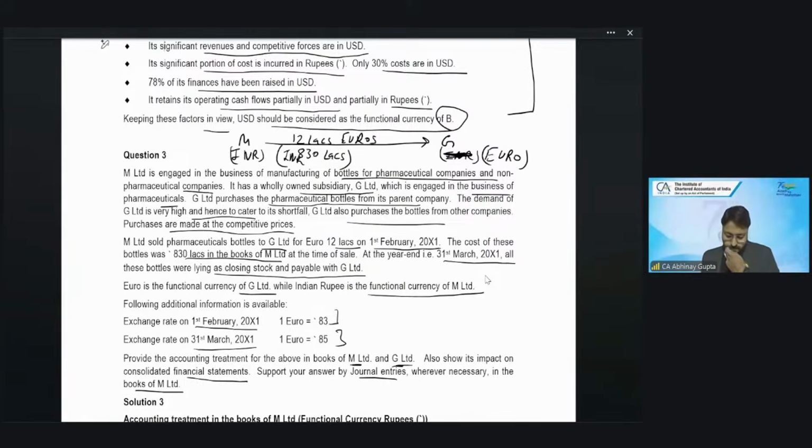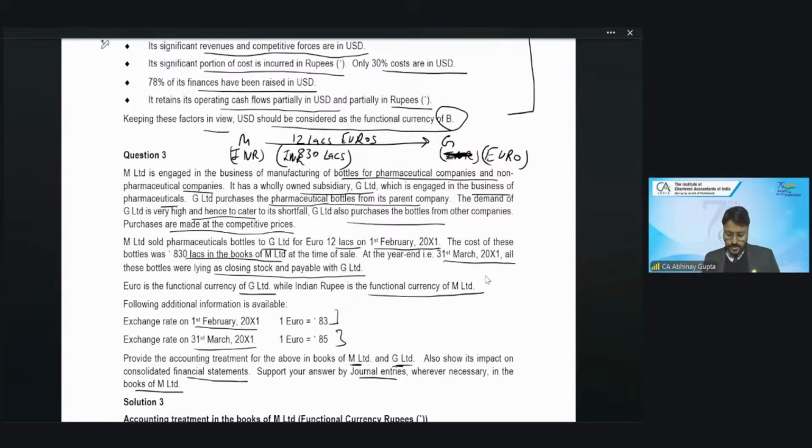So it comes to 12 lakhs into 83, which is 996 lakhs. And there is a foreign exchange gain since the rate increased from 83 to 85, 2 rupees into 12 lakhs is 24 lakhs, and that amount we will transfer to the profit and loss account.